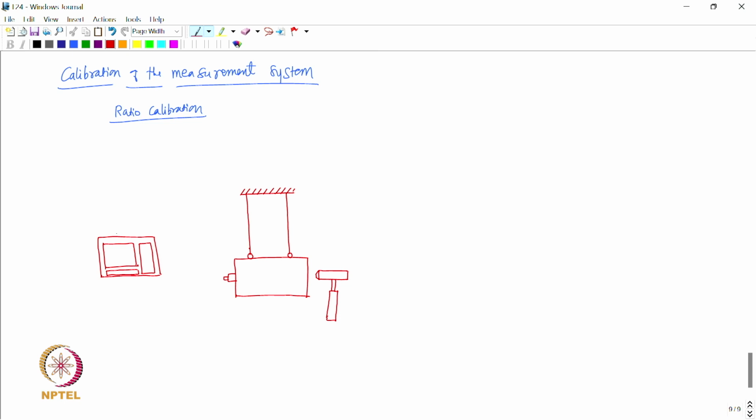So we can have, let us say, the FFT analyzer here like this. Okay, and then we have channel 1, channel 2, and then we can have a signal conditioner or charge amplifier.